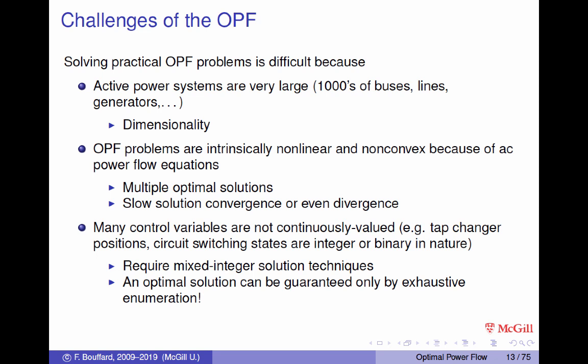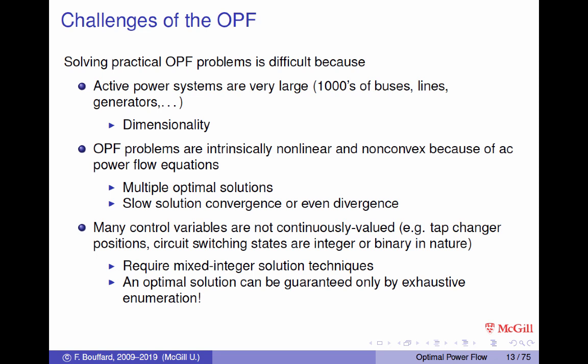And also, many of our control variables are effectively not continuous variables. So tap changer positions are discrete. Circuit switching is also an optimal power flow problem. Again, what should be the optimal topology to obtain, I don't know, minimum loss, maximum security, etc. So these are 0, 1 type decision variables.